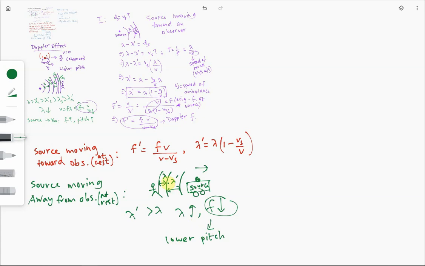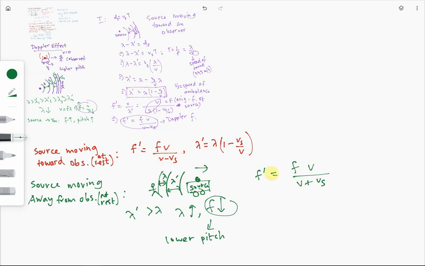You can carry forward a similar derivation of the previous steps and then find that for a source moving away from the observer, the new frequency is f prime equal to the original frequency of the source times the speed of sound over v plus vs. So we can see that the only difference is a sign.